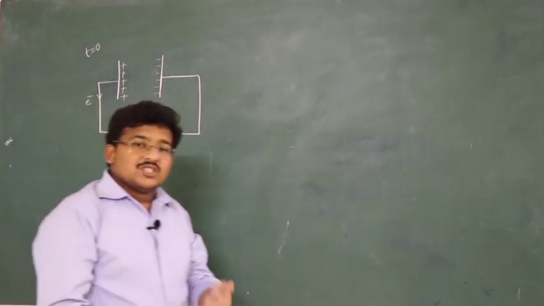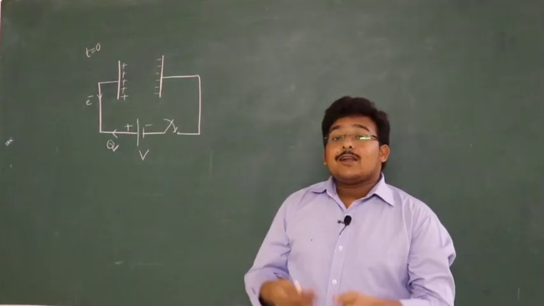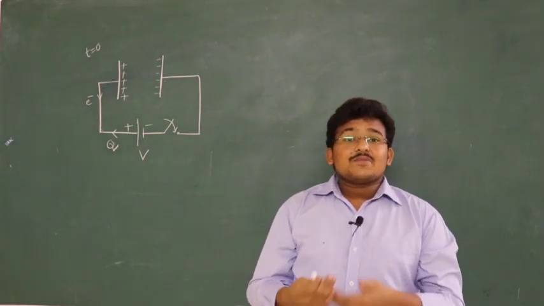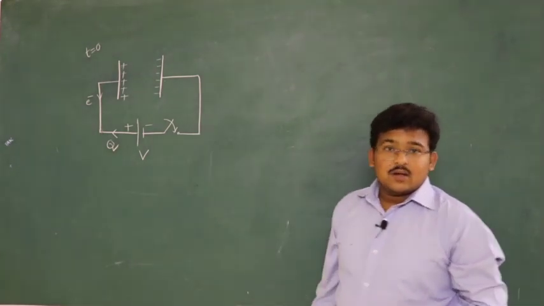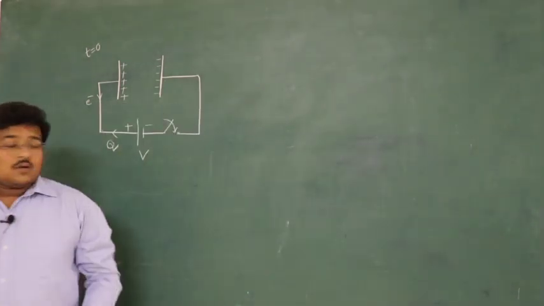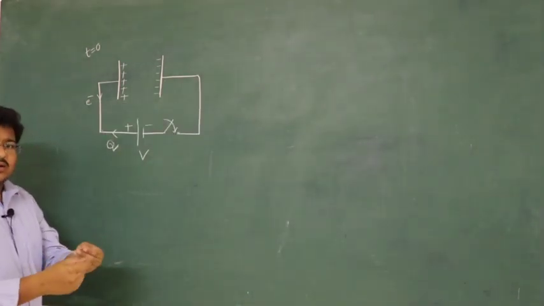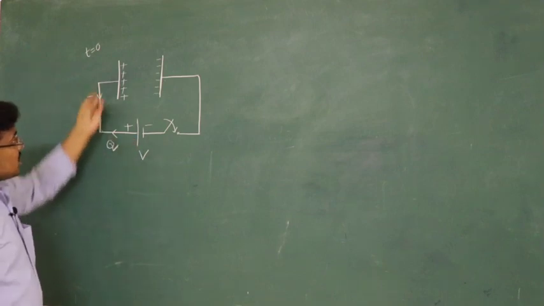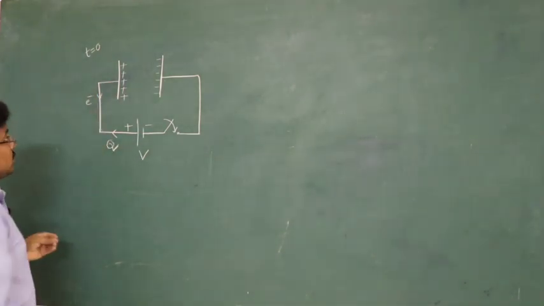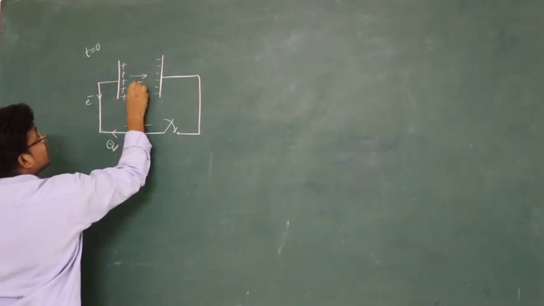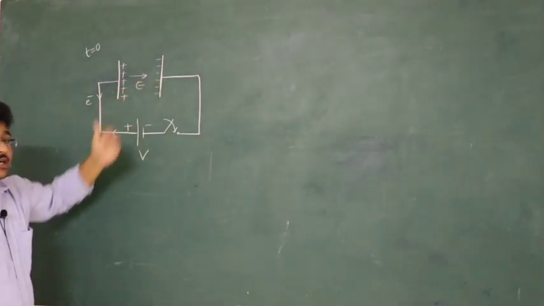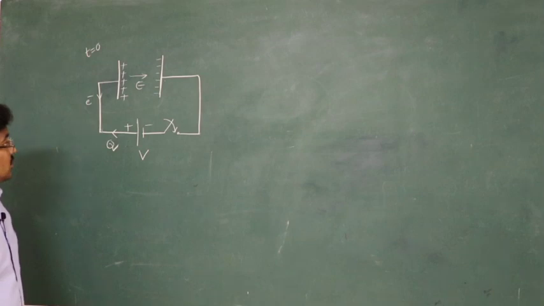So this is how generally the parallel plate capacitor becomes charged by connecting to the cell. Within a very short fraction of time the charge will be deposited. So due to this some electric field will be generated, from positive to negative.